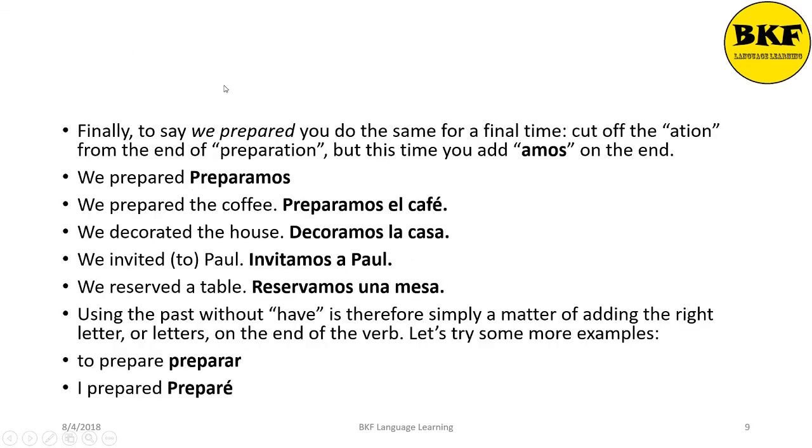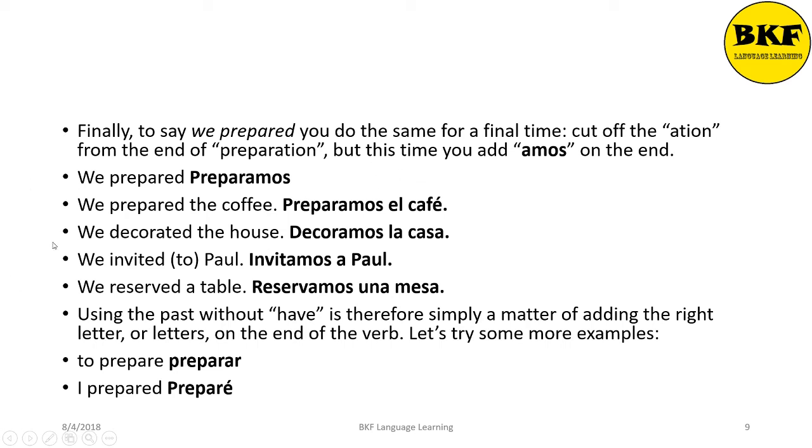Okay, finally to say we prepared, we do a similar thing. We cut off the ATION from preparation or from any other word, and we add AMOS at the end. So if I want to say we prepared, I'm going to say preparamos. If I want to say we prepared the coffee, I'm going to say preparamos el café.